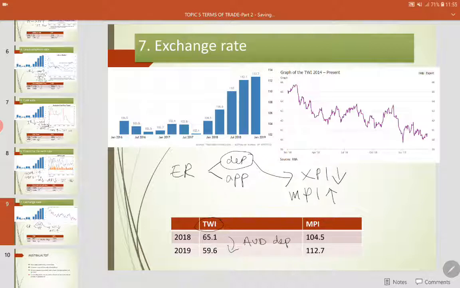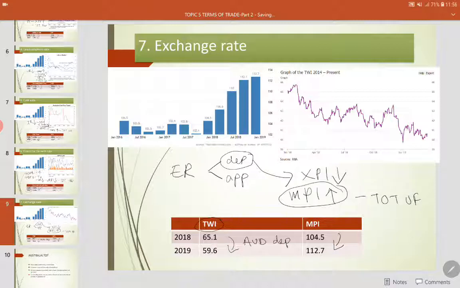Whenever you see TWI decrease, it means AUD depreciates. As I said earlier, when AUD depreciates, MPI should increase. This is what we can observe here: during AUD depreciation, MPI increased from 104.5 to 112.7. So in this period when MPI increases, it can make TOT unfavorable.